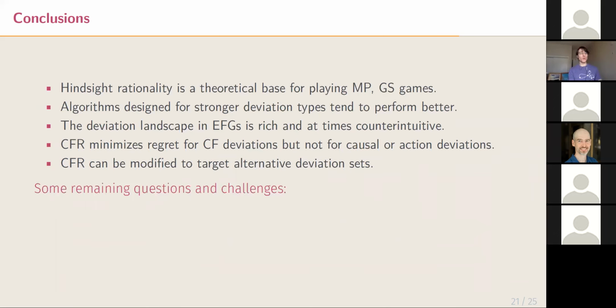Some remaining open questions. Stronger deviation types require more computation. So what should we do about that? One thing I'm excited to try working on is that the problem that you get with stronger deviation types is really the same problem that comes up in other scenarios where you have many experts. It's called the many experts problem.